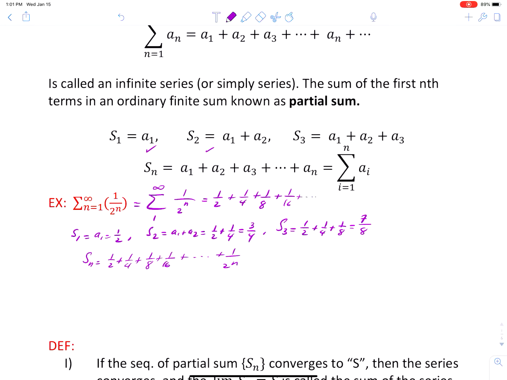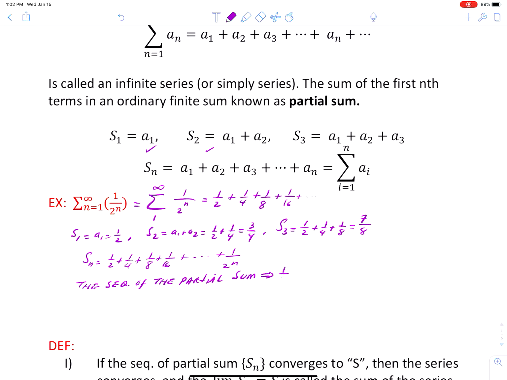So if I write this, the sequence of the partial sums is as follows.